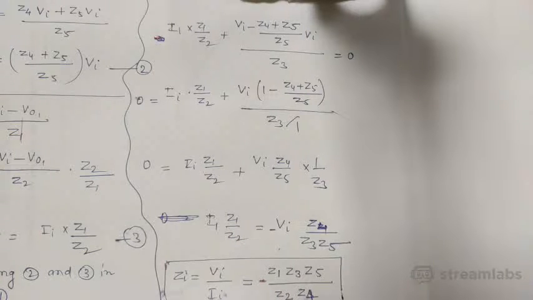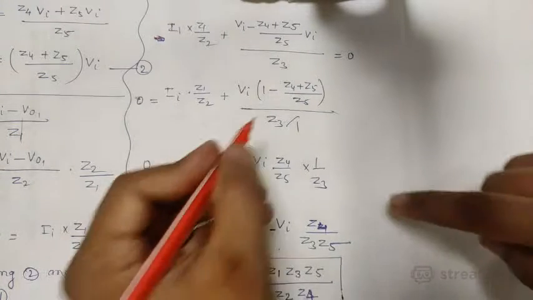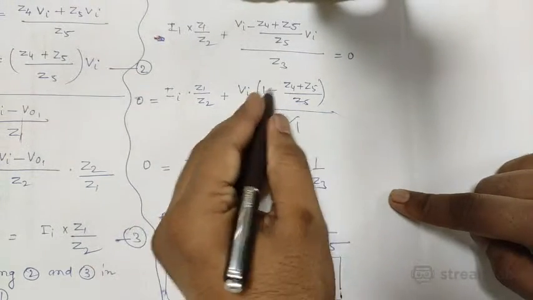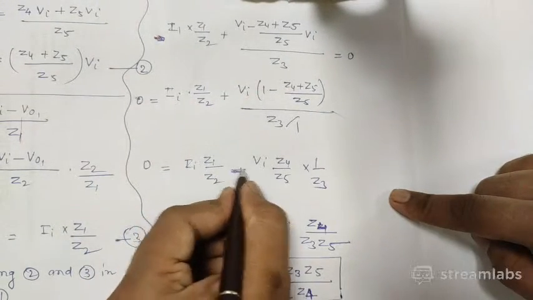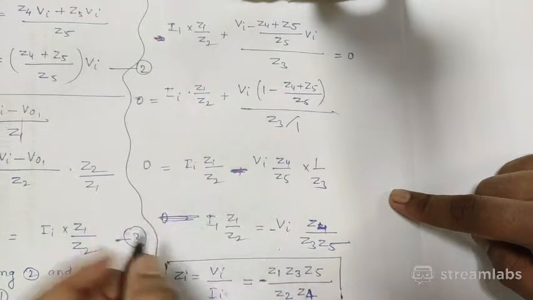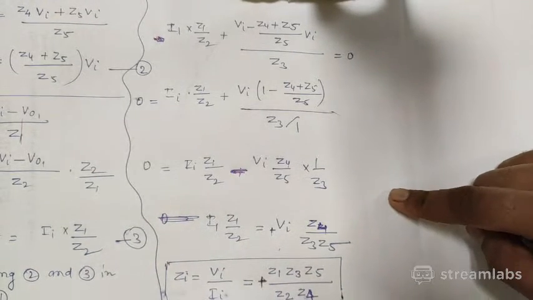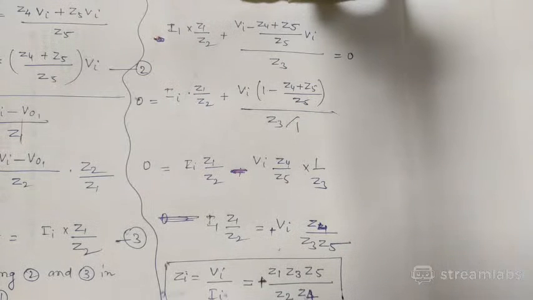Oh, this will be minus Z4. Okay, so this is Z5 minus Z4, so this will be minus. Yes, this should be minus, then this will be plus. So this is actually positive. The answer will be a positive answer.